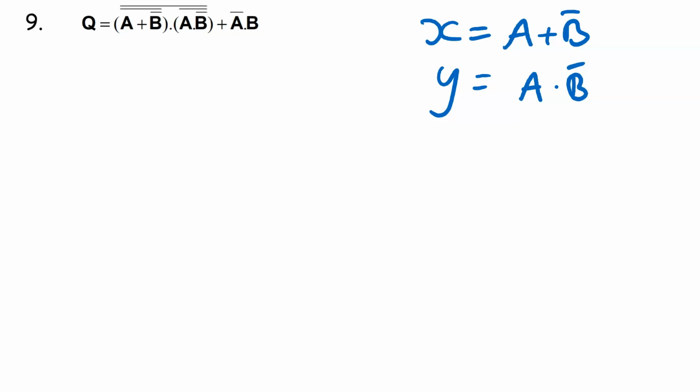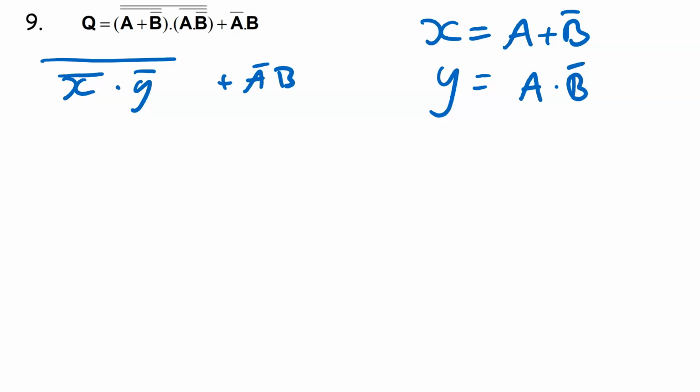So I'm going to rewrite this. I'm going to write it in blue. So I've got not x, and not y, which is now this whole thing, and it's or B there.